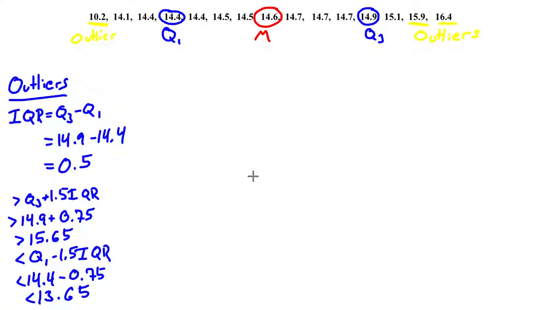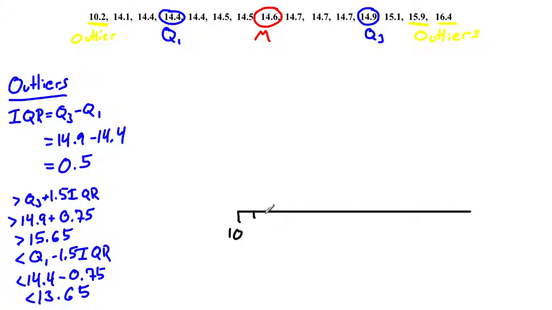Why don't we make a box and whisker plot of this just to emphasize this point home? Now, I actually have a relatively small range from maximum to minimum. So the range here is about 6. So I'm going to break these up into halves. And so I'm going to say that this is going to be 10.